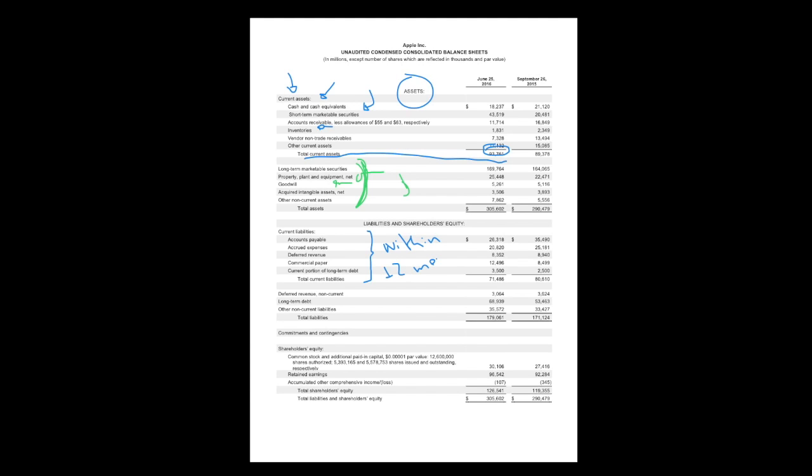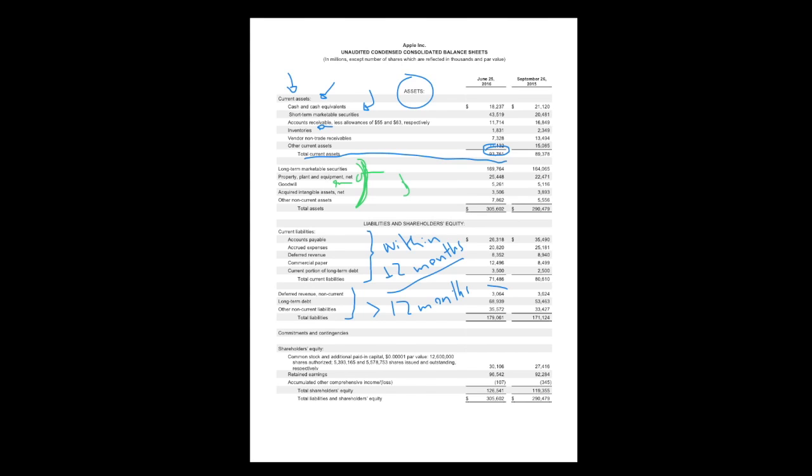So that's how you think about current liabilities: do I have to pay back in the next year? Long-term liabilities are things that you have to pay over 12 months, so you can take longer to pay those. And that's the whole deal with liabilities.